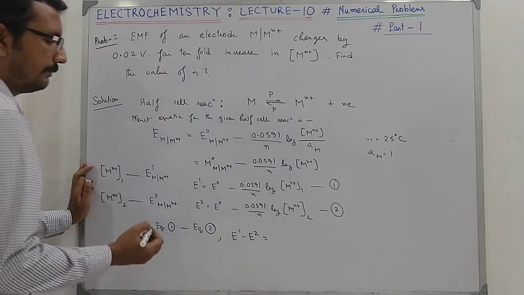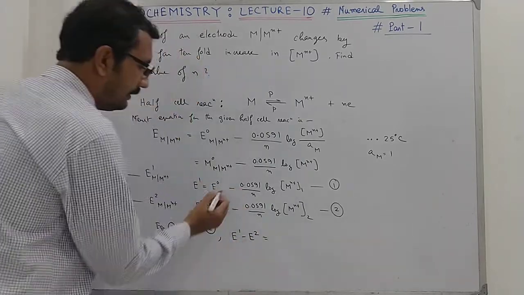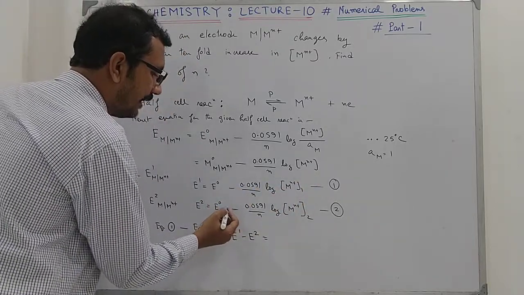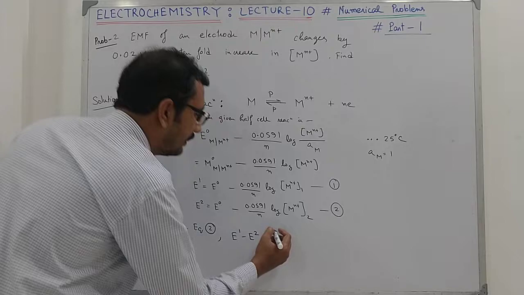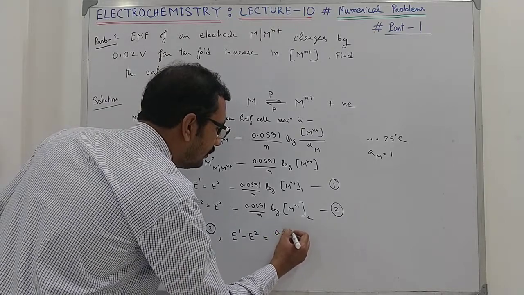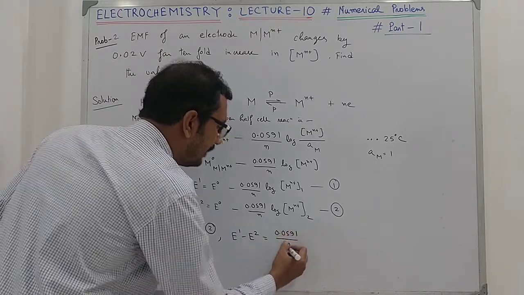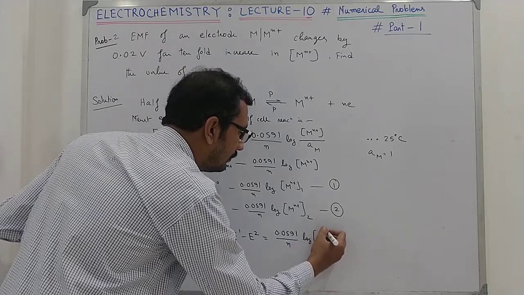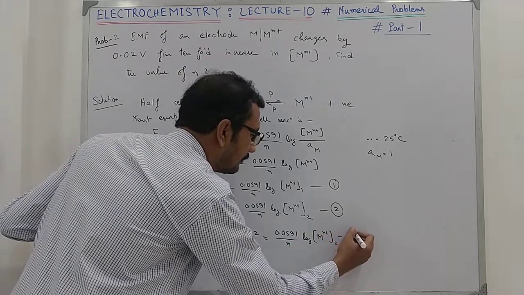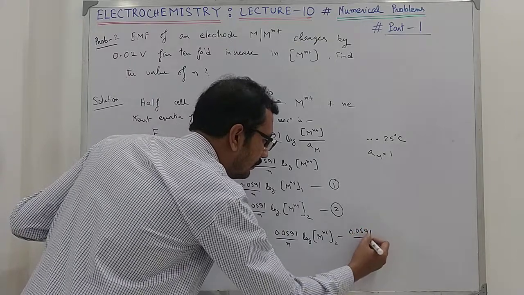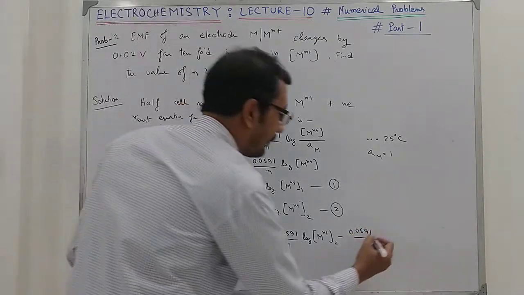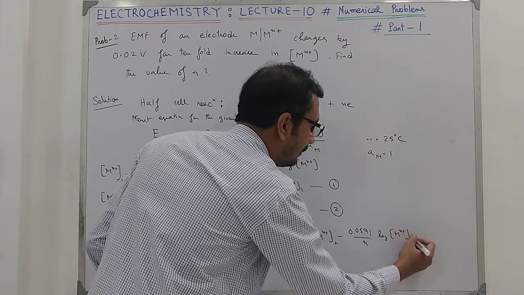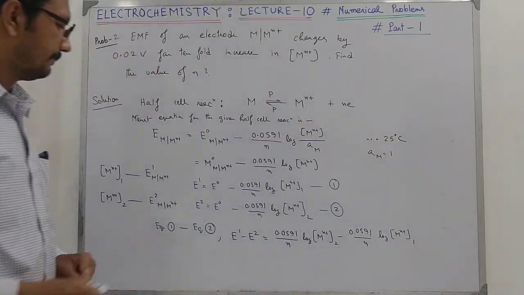The E0 terms will cancel out, and minus of minus will be plus, so let us take it in front: 0.0591 by n log Mn+ 2 minus 0.0591 by n log Mn+ 1.